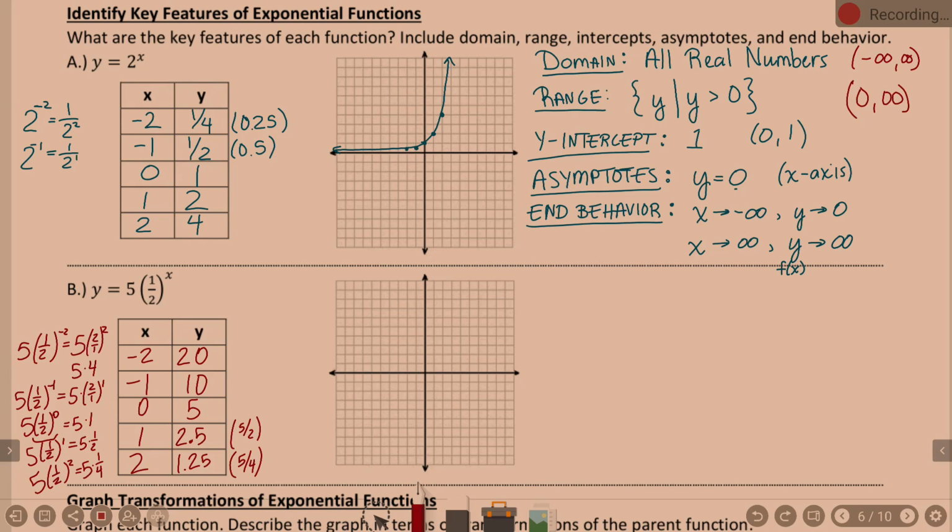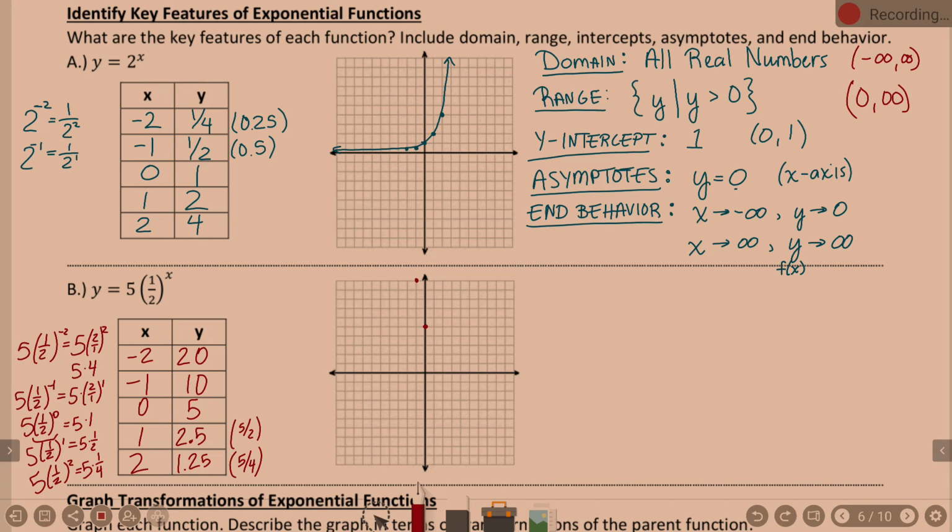Get it graphed. Now, -2, 20. Where's -2, 20? Left 2 and, I don't know, halfway up the graph above it. My usual rule of thumb is know where it is, but you don't necessarily have to graph it. -1, 10. Left 1, up 10. 0, 5.